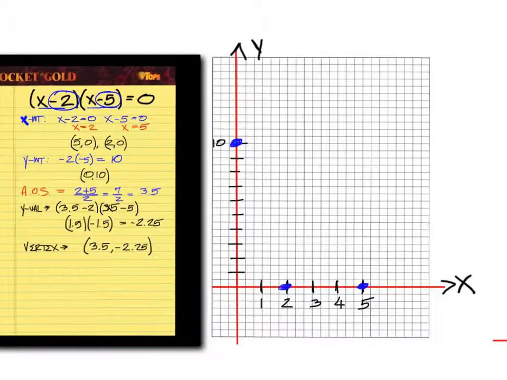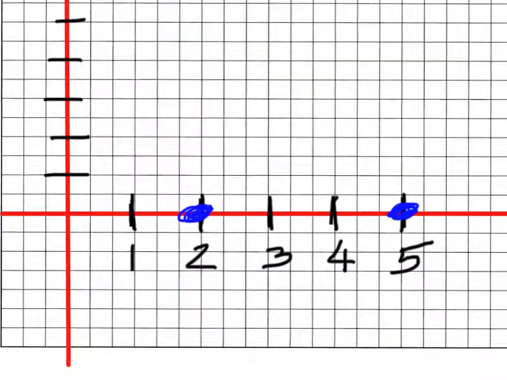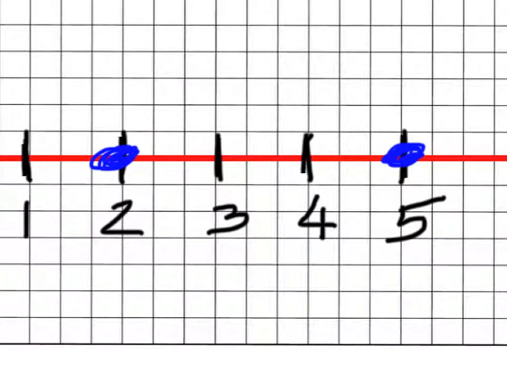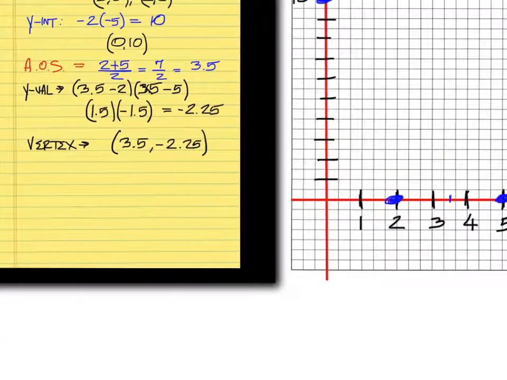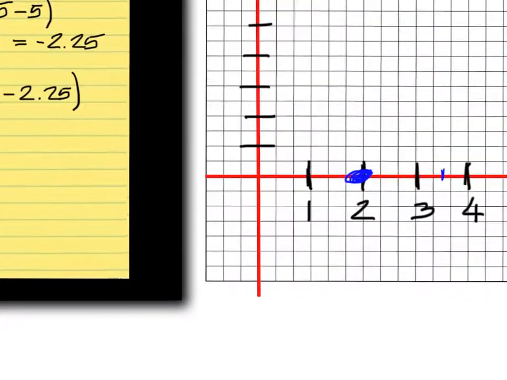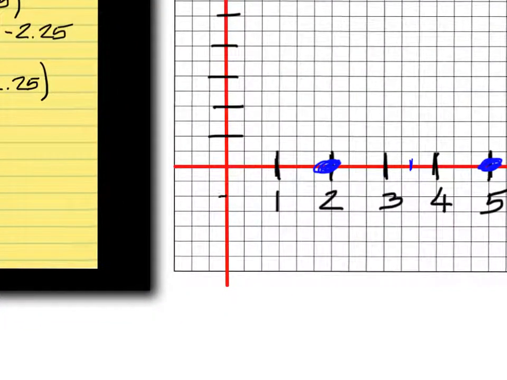The last thing is the vertex. We have to find 3.5. So 3.5 would be approximately here. And then we have to go down negative 2 1/4. Remember, I marked off the y-axis by 2's. So there's negative 1, there's negative 2, negative 3.